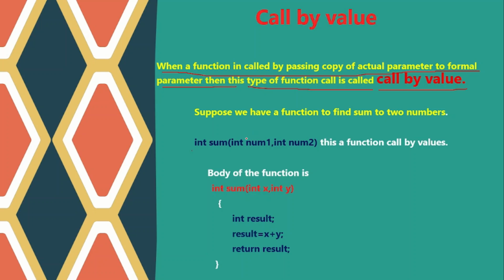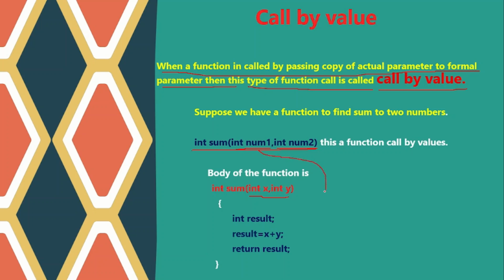These int num1 and int num2 are actual parameters, and this whole is called function call. So copy of these actual parameters is passed to the formal parameters. These int x and int y are formal parameters.